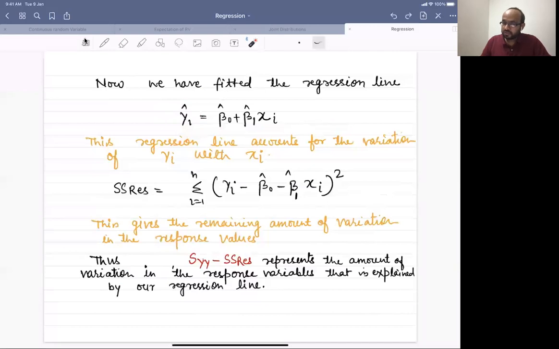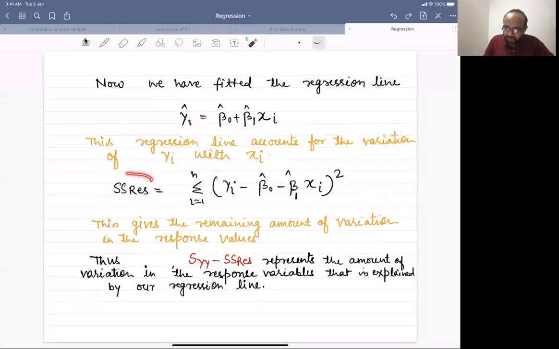So there is one observed value of y, and the other, yi cap, is the predicted value of yi, which we write as beta naught cap plus beta 1 cap xi. So you know that this regression line accounts for the variation of yi with xi. So this is accounting for that variability in y which comes from the relationship between y and xi.